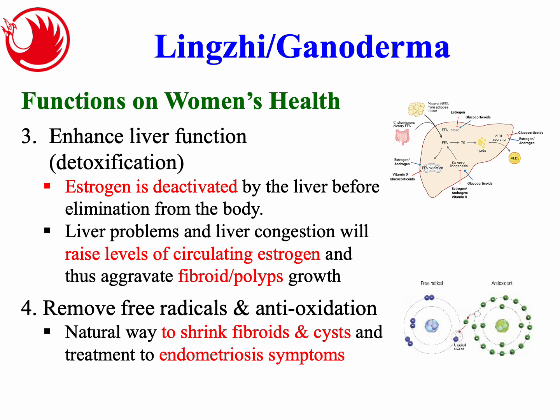In summary, linzer supports women's health by regulating the immune system, improving blood circulation, and reducing the risk of endometriosis, cysts, and fibroid. In addition, it enhances the liver function, regulates the estrogen level, and acts as a natural antioxidant. This helps manage fibroid, cyst, and endometriosis symptoms.